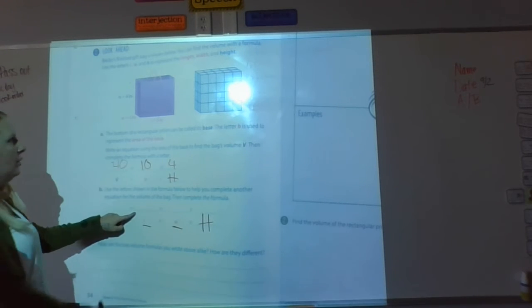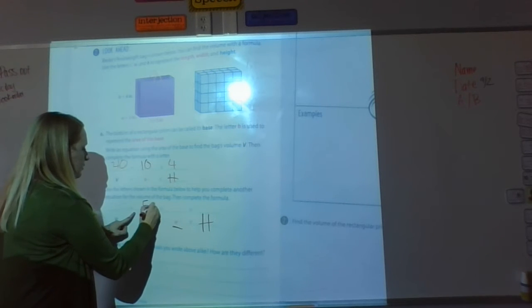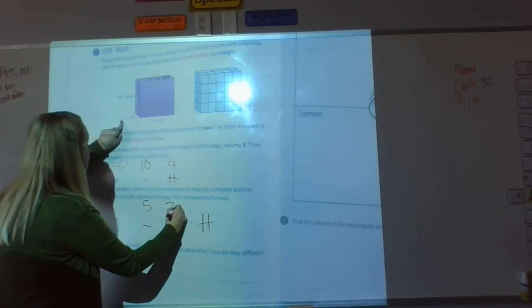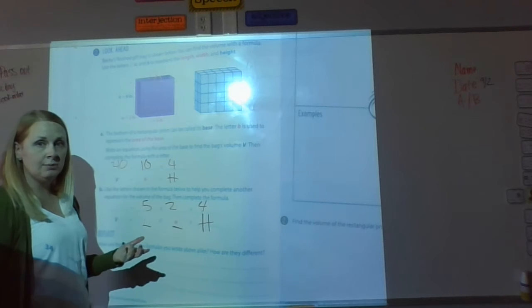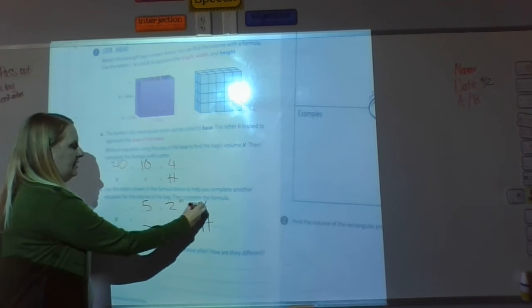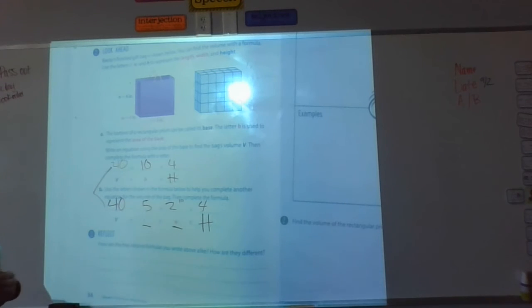What's our length? L equals 5. Next is width. W equals 2. Height, H equals 4. And then we just do simple multiplication. 5 times 2 is 10. 10 times 4, 40. Same answer.